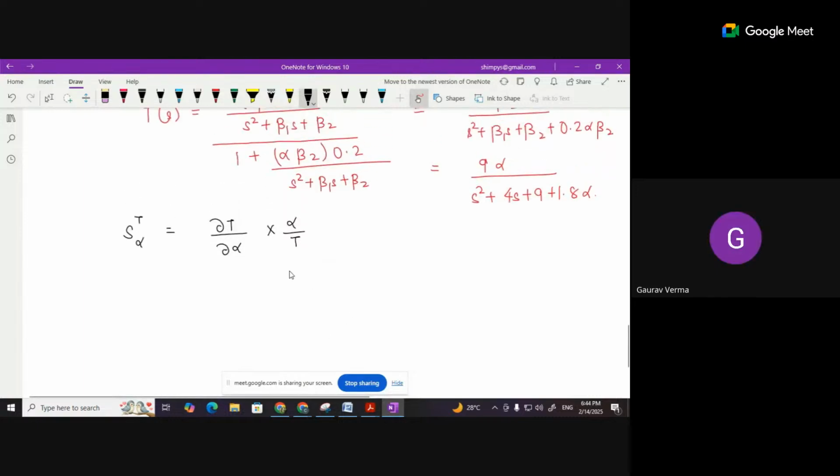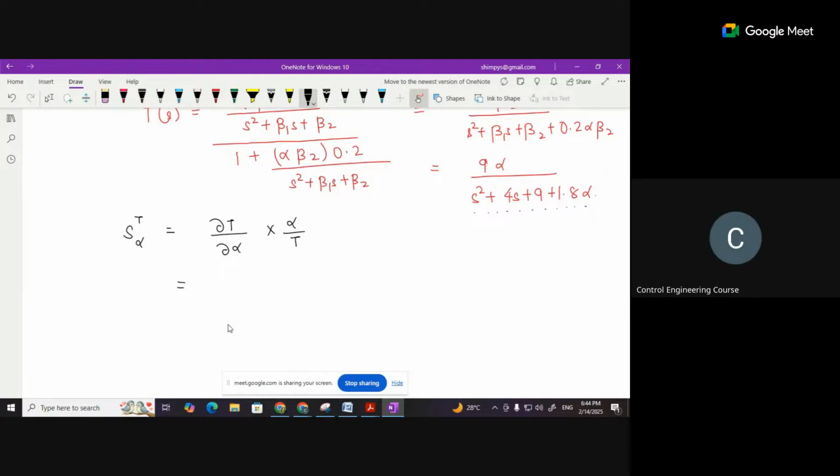So this is a general formula for sensitivity with any input variable: the percentage change in the transfer function by the percentage change in the parameter with which our system is affected, right? Now this is my transfer function, so I have to differentiate it with respect to alpha.